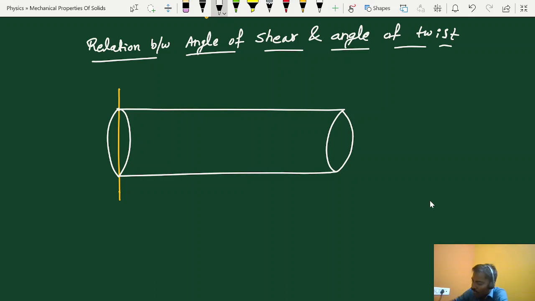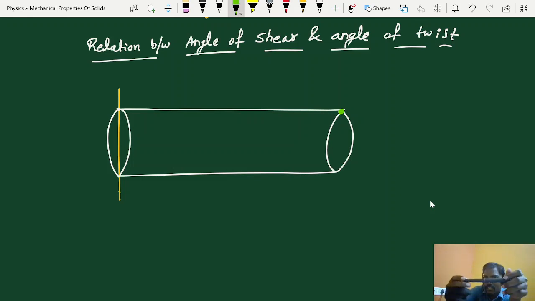Now, consider this point. This end is fixed. When you apply tangential force at the other free end, say when you apply force likewise, this end is fixed and at this end you are applying tangential force. Because of this, we can have twist at this end.